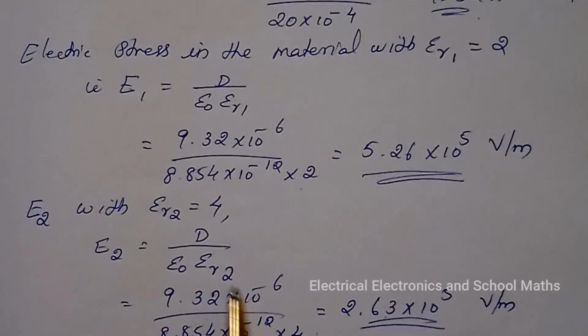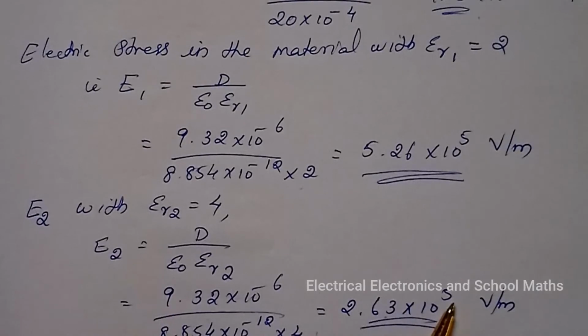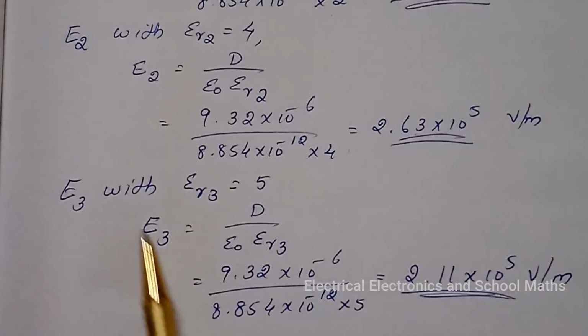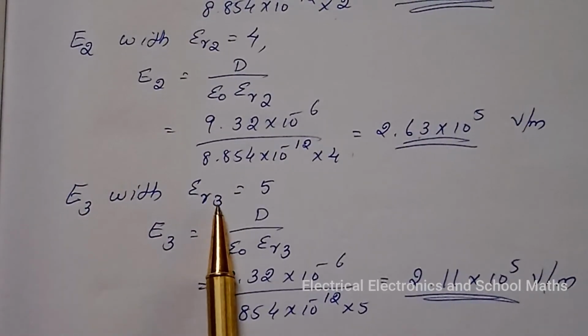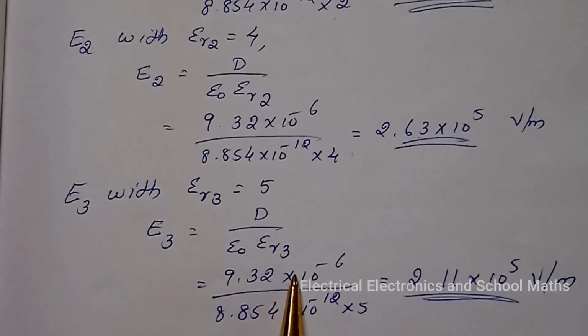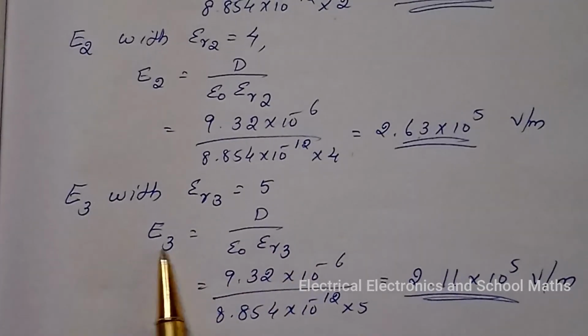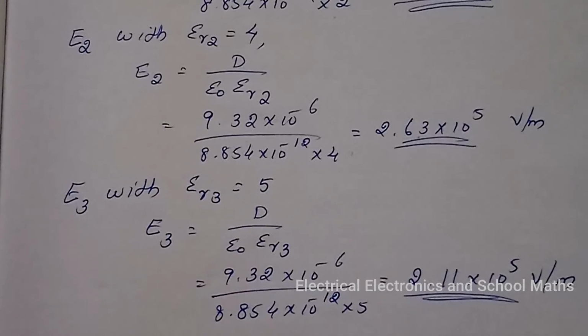And substitute epsilon R2 as 4, we get E2 as 2.63 into 10 raised to 5 volt per meter. Now find E3 with epsilon R3 equal to 5. That is substitute epsilon R3 as 5, we get E3 as 2.11 into 10 raised to 5 volt per meter.